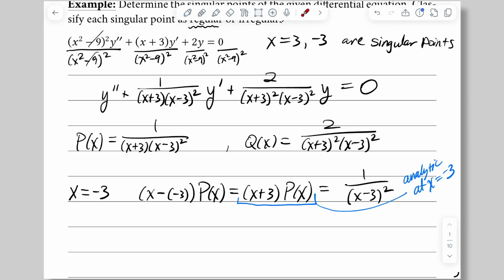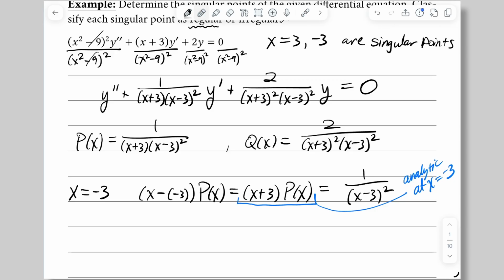And remember that that means that a power series representation centered at x equals negative 3 exists. You may be saying, wait, you said we're only going to have x equals 0. That was for solving differential equations. Right now we're analyzing singular points.